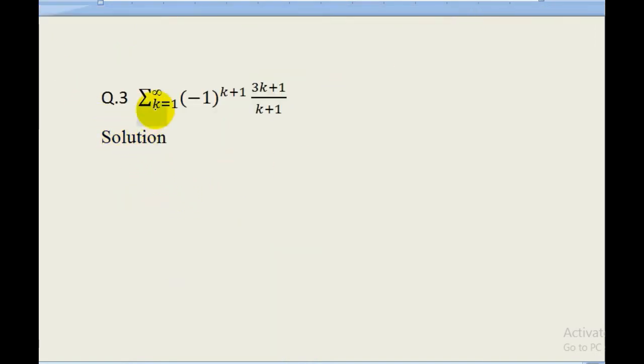Now we discuss the convergence of this question. Summation k starting from 1 to infinity, (minus 1) to the power k plus 1, 3k plus 1 upon k plus 1. So the given series is summation k starting from 1 to infinity, (minus 1) to the power k plus 1, 3k plus 1 upon k plus 1.